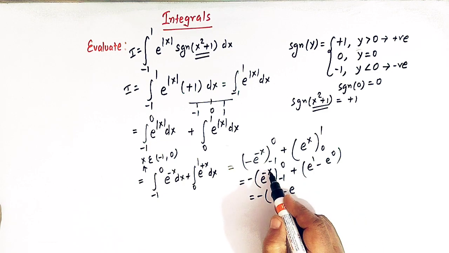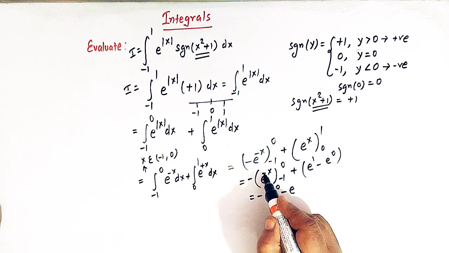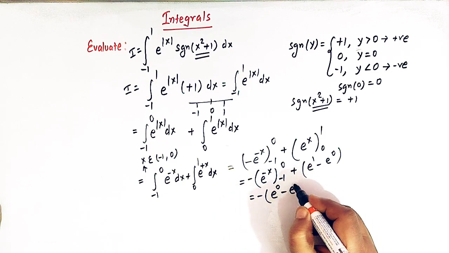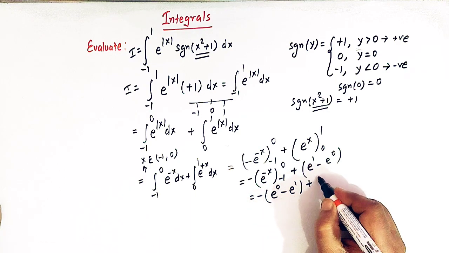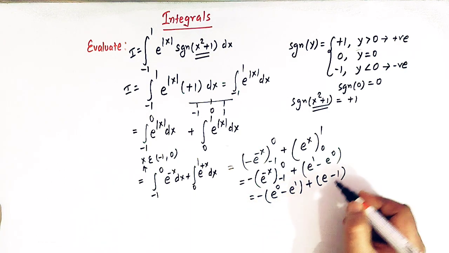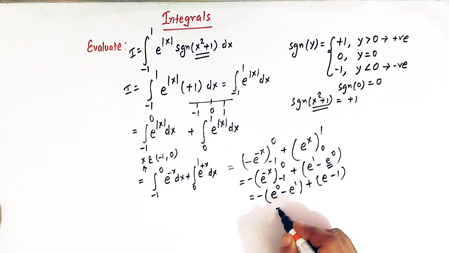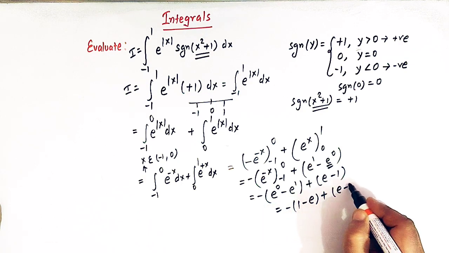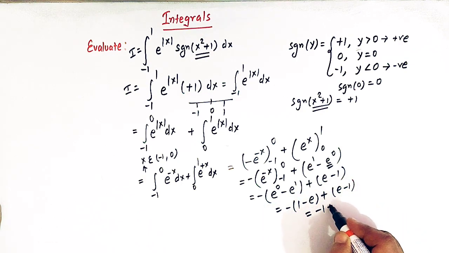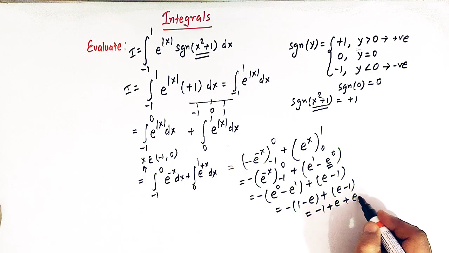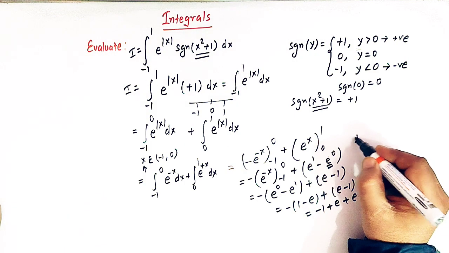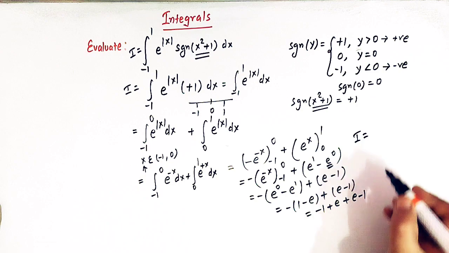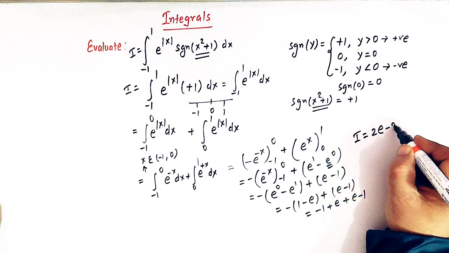Then we have x equal to minus 1, so minus and minus becomes plus, and we have e minus 1, because e raised to 0 is 1. So we have e minus 1, minus e raised to 0 is 1, minus e plus e minus 1. So this is minus 1 plus e minus 1, and I is equal to 2e minus 2.